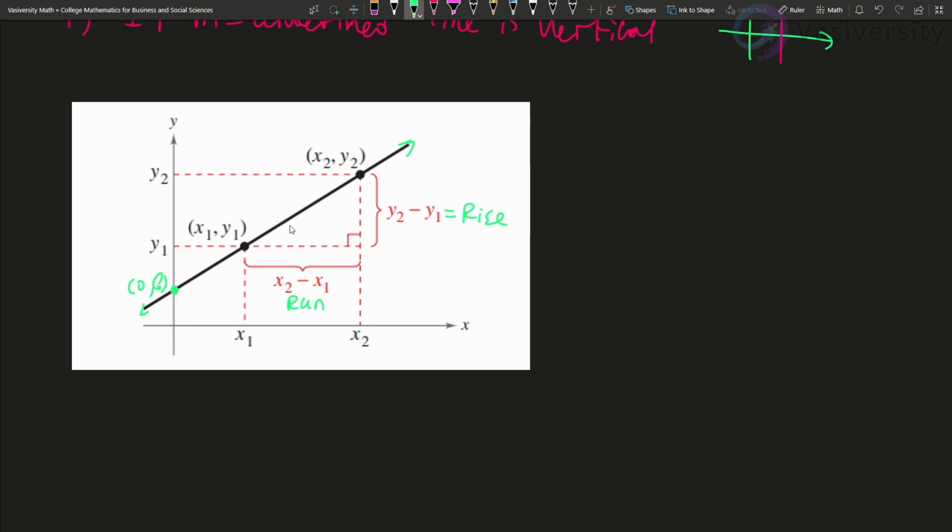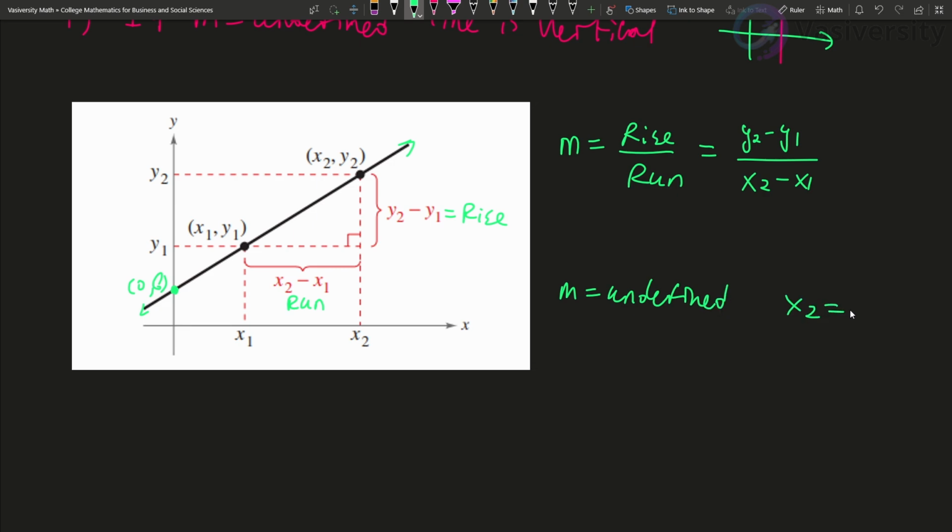Okay, so in this case we can find the slope. It's going to be the ratio of rise over run. So slope is equal to rise divided by run, and that would be equal to y2 minus y1 over x2 minus x1. And the slope is undefined when we divide by 0. So m is undefined when x2 is equal to x1.